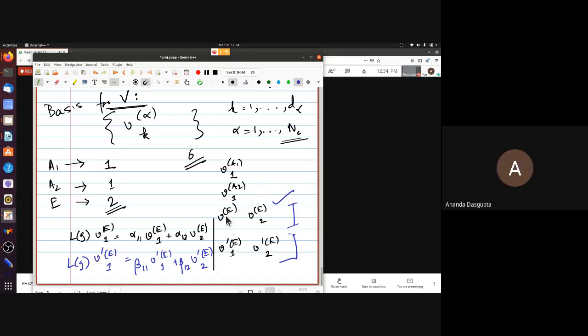First of all, the fact that these two belong to one irrep means whenever you apply LG for any G on VE1, you are only going to get VE1 and VE2, nothing else. Fine. So that's why you have two pieces here and two constants, right? The same thing goes for this. That much I agree. But you're not just saying that these two belong to one invariant subspace and these two belong to another invariant subspace.